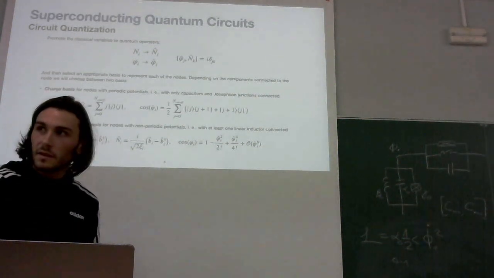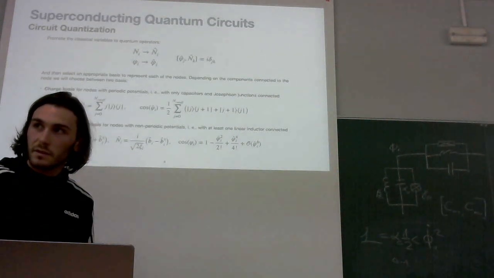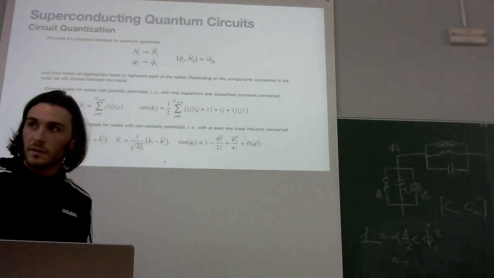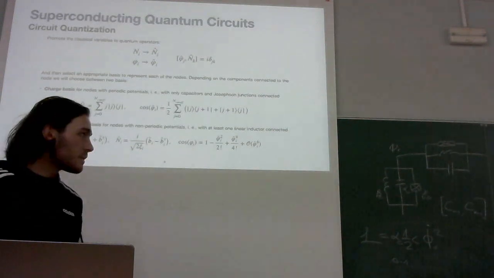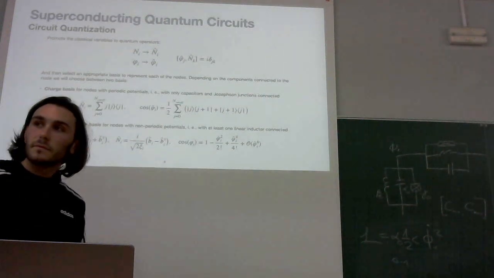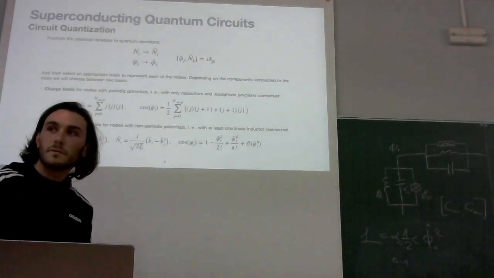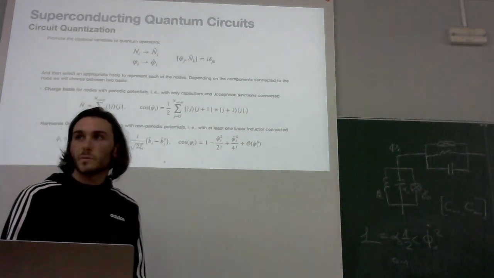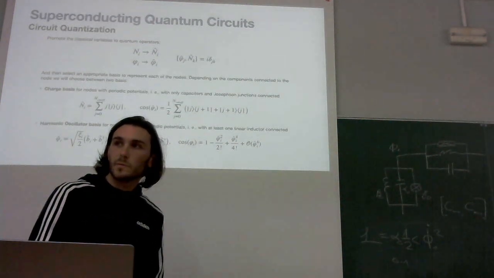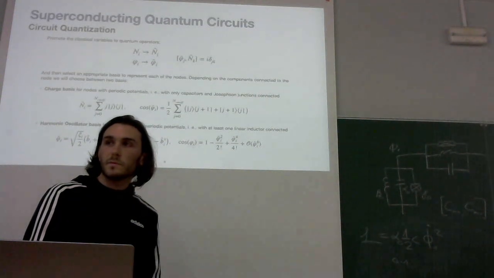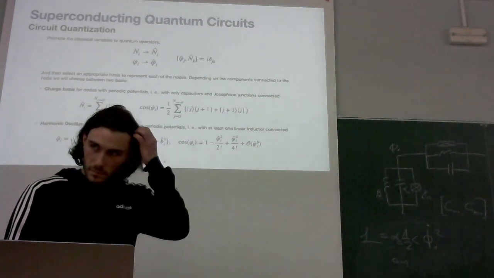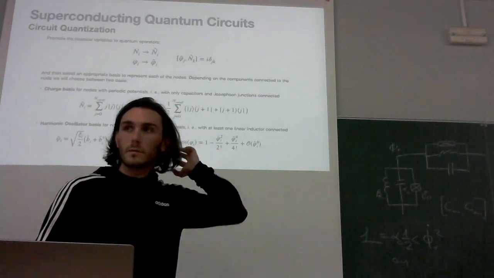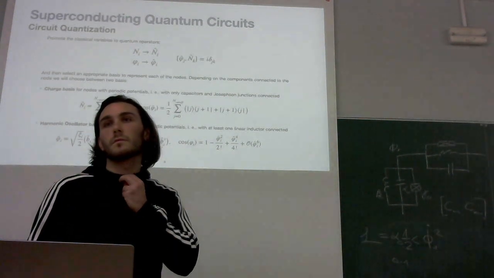But the point is that the scaling is horrible, because with just one loop you have three nodes. Three nodes means that you have three infinite dimensional matrices. This means that, for instance, if you want to check another value, you can maybe go to 500 or 1000.